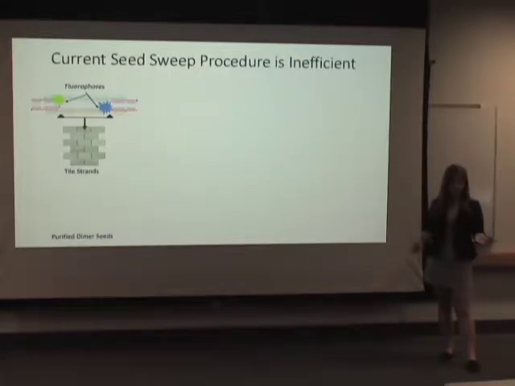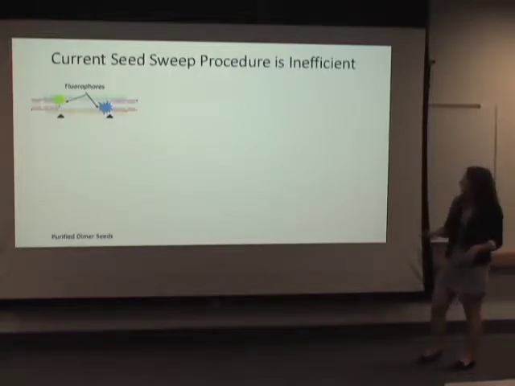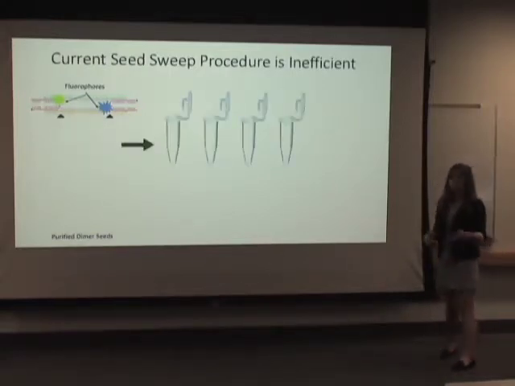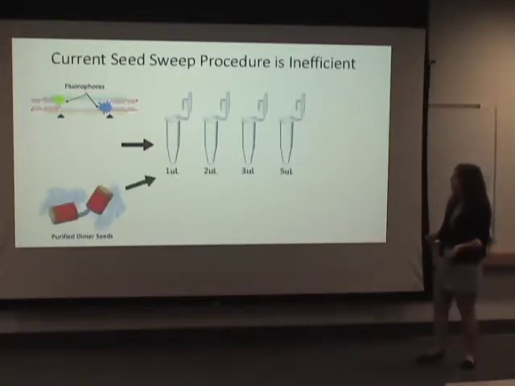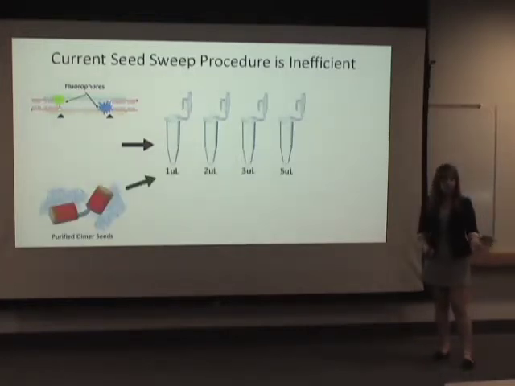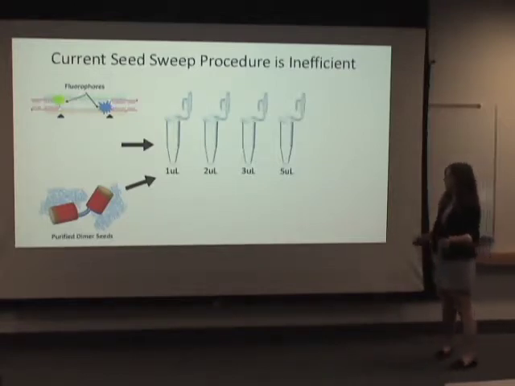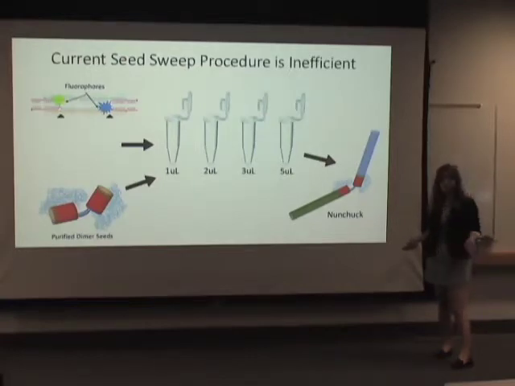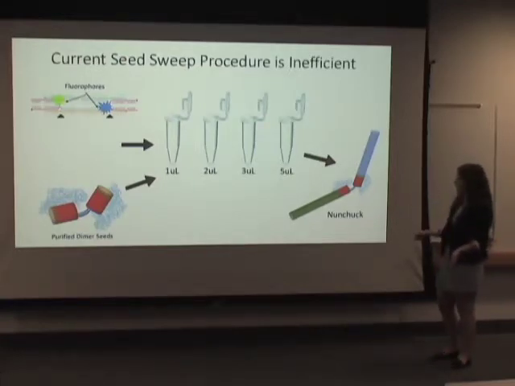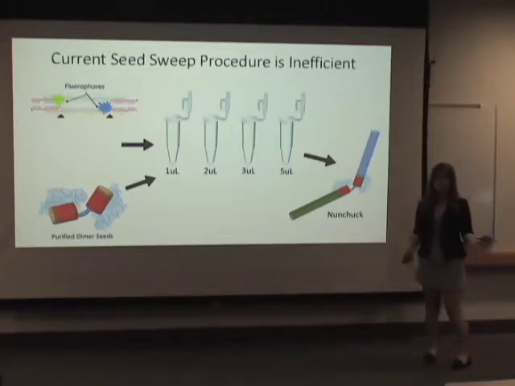So the next step is to purify our seeds, and to do this, we use gel electrophoresis. And so what this is, we put our seeds into an agarose gel and run an electric current through it. Now, DNA is negatively charged, so it'll flow towards the positive end. But the smaller pieces will flow faster through the pores of the gel, while the larger pieces will get stuck and move slower. And this is a good way for us to filter out any excess staple strands or seeds that didn't dimerize.